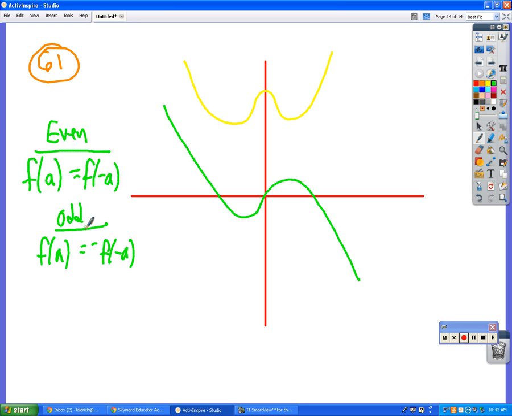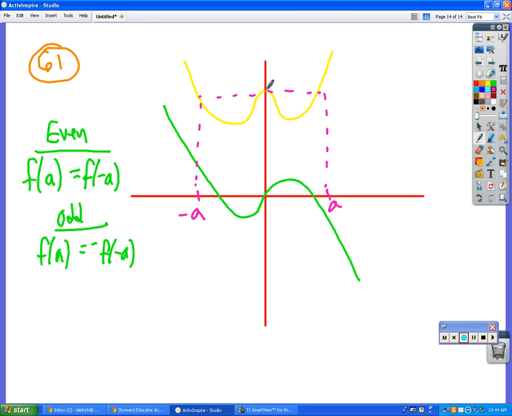So one of the things that we did not talk about is how that looks graphically. So let's say with this yellow one right here, that this is negative a, and this over here is a. If I go up to the yellow graph at negative a, and I go up to the graph at positive a, what do you notice is true about the y values? They're the same.